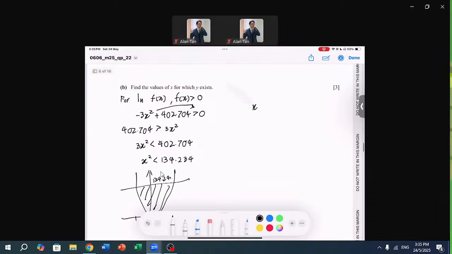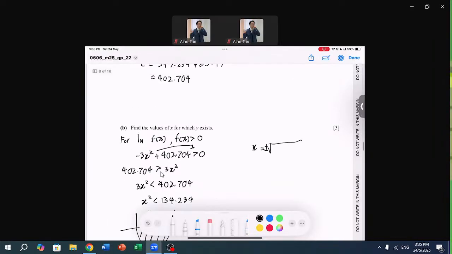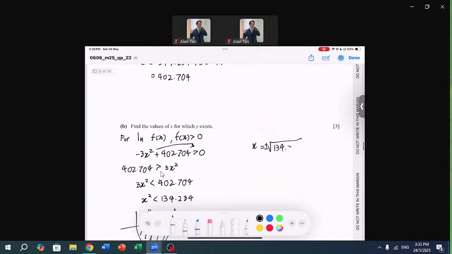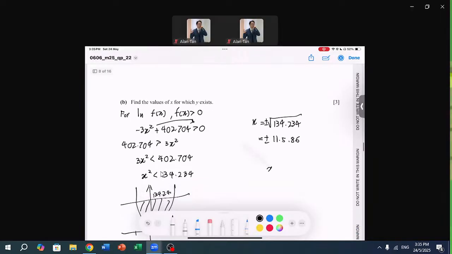Therefore, what are these two in-between values? x equals plus minus the square root of 134.234, equals plus minus 11.586. So values of x must be between negative 11.586 and 11.586.